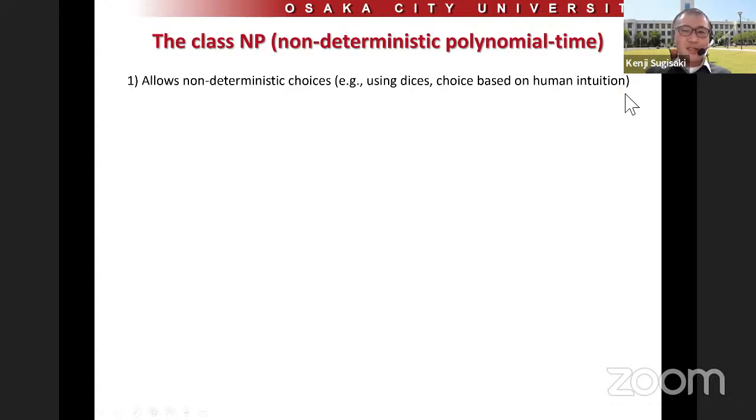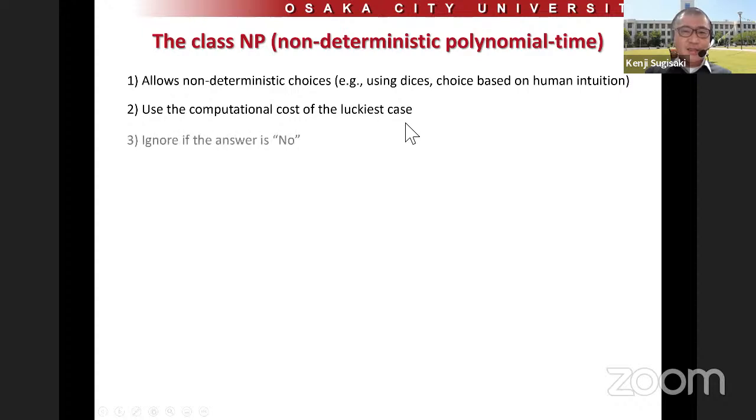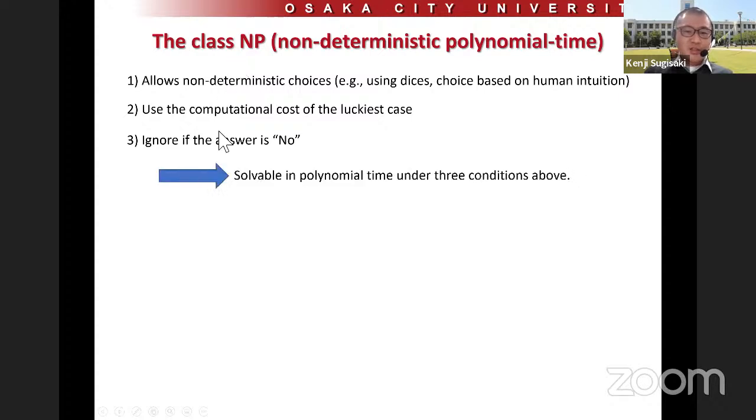Another condition is to use the computation cost of the worst case. And also, we ignore it if the answer is no. The class NP problem is solvable under these three conditions in polynomial time.